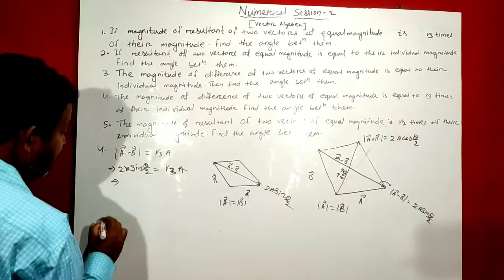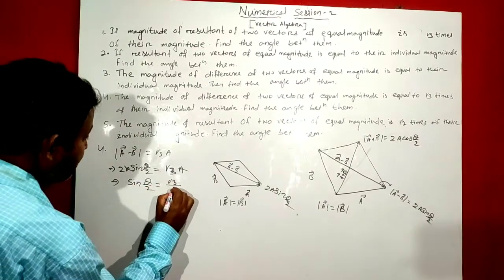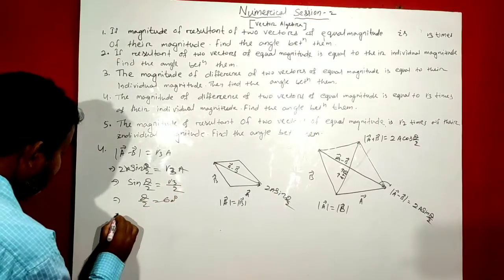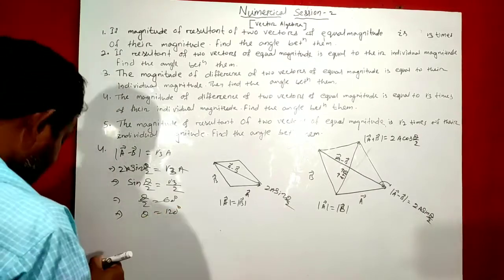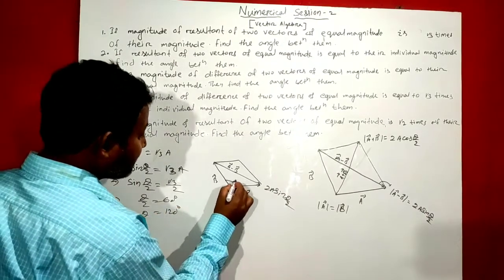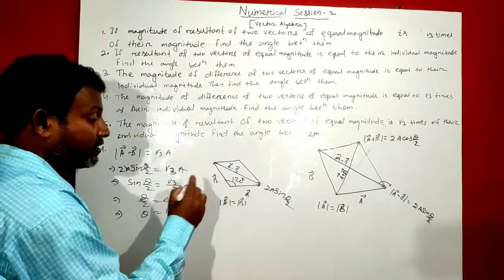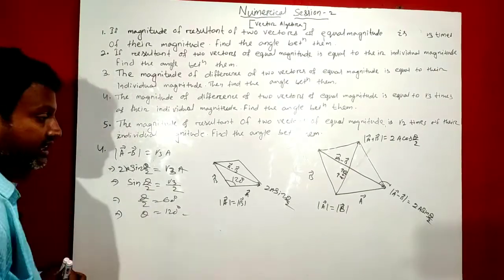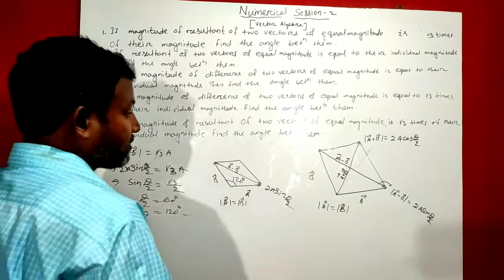So sin theta by 2 is equal to root 3 by 2. That is theta by 2 is equal to 60 degree. That is theta is equal to 120 degree. Theta is the angle between the two vectors A and B. Theta is 120 degree.